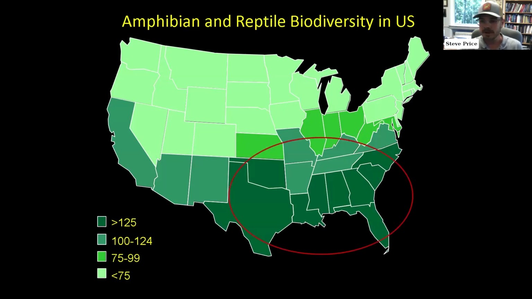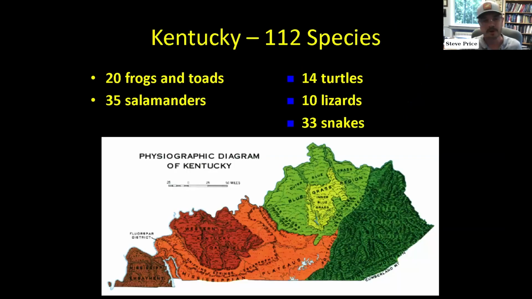But Kentucky has quite a number of species as well. You can see it has between 100 and 124, and in fact, it has 112 different species of reptiles and amphibians. We have 20 frog and toad species here in Kentucky, 35 salamanders, 14 turtles, 10 lizards, actually 8 native lizards, 2 are introduced, and 33 snake species.